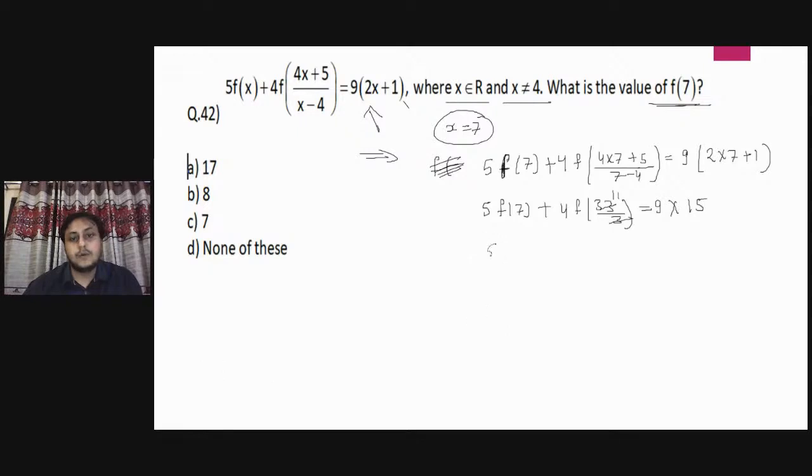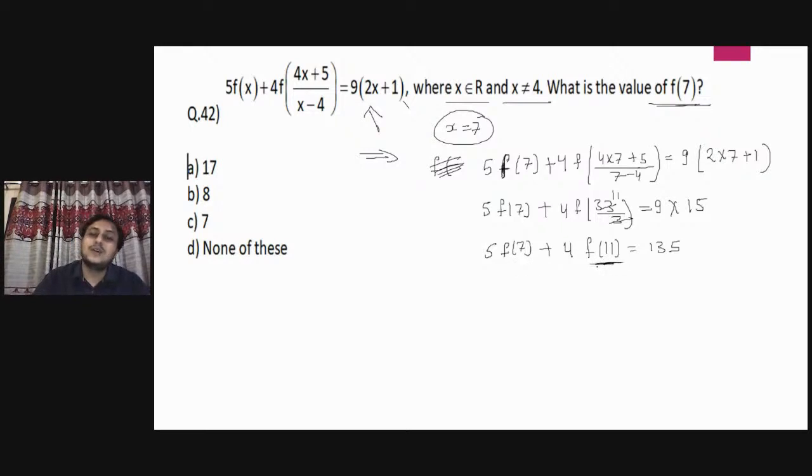So this is 5 of f7 plus 4 of f11, and this equals 15 into 9, which is 135. So guys, we had to find f7, but an extra f11 came in.